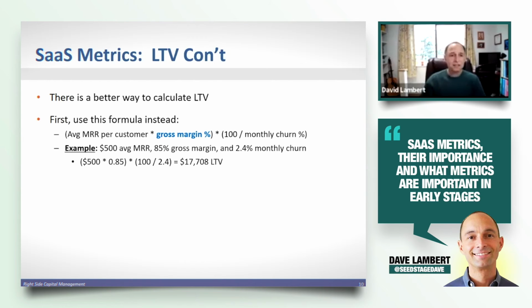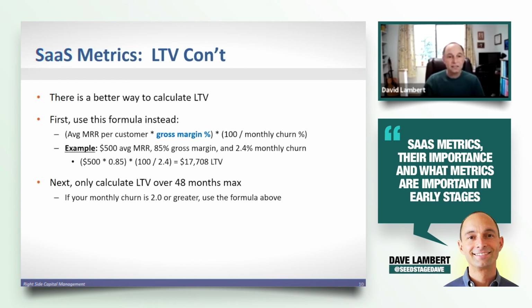Now, the second thing you can do, and I think the real best practice you should also focus on, is only calculate LTV over 48 months. Just max everything out over 4 years. And so how do you do that really easily? You can see online, people will sometimes talk about this and they have more complex formulas, but here's a really easy way.